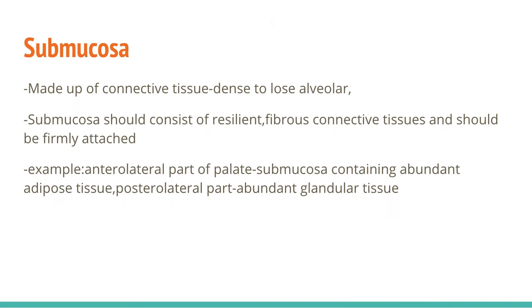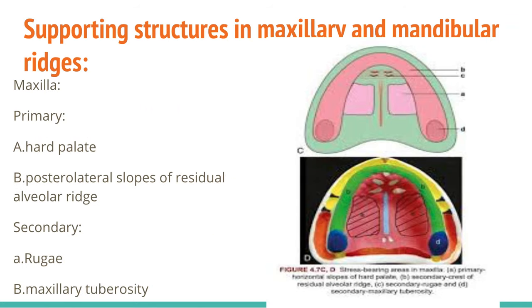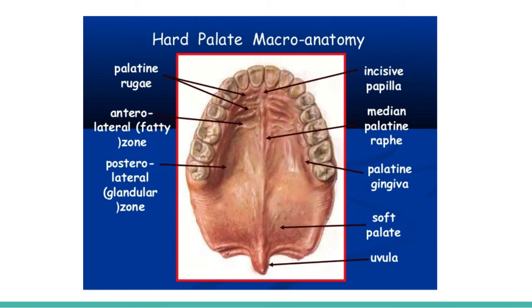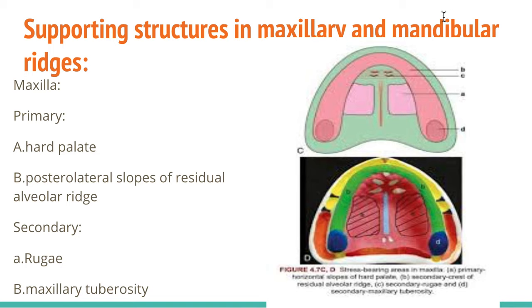So with this knowledge that we have, the supporting structures in the maxilla are as follows. The primary are the hard palate and the posterolateral slopes of the residual alveolar ridge, and the secondary are the rugae and the maxillary tuberosity.